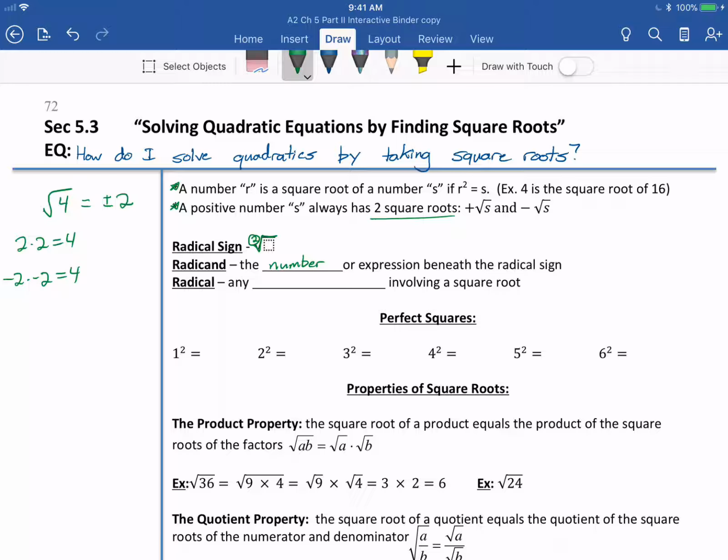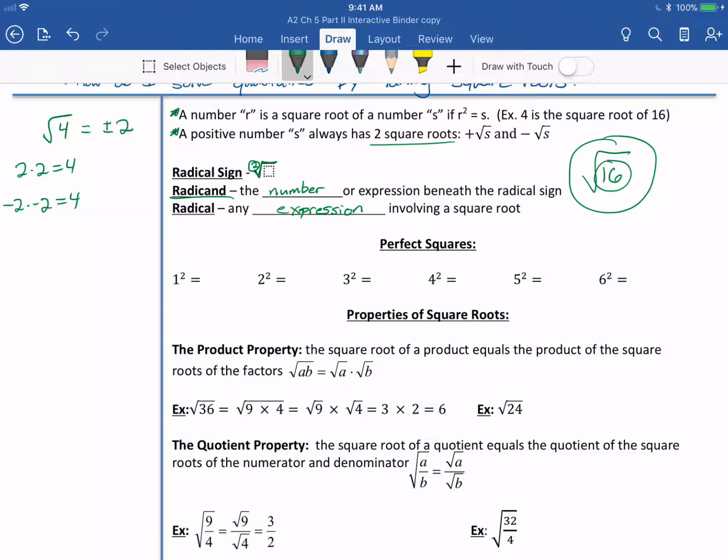So say we have the square root of 16, 16 is the radicand. All right, the radical is this whole thing, and that is any expression involving a square root. All right, so just a couple vocab words there, nothing too crazy.